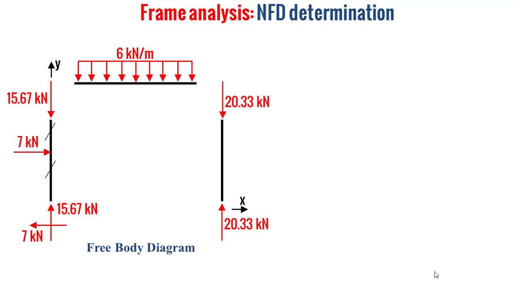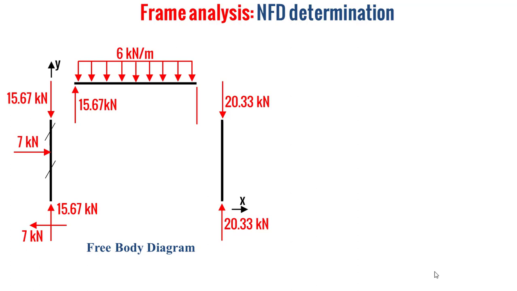In the same way, we have to generate an internal force equal to 20.33 kilonewton applied at the top of the right-hand column in order to neutralize the external force applied at the bottom of the right-hand column and maintain equilibrium of this column. Now, the 15.67 kilonewton applied at the top of the column will be transferred to the left-hand edge of the beam as shear force.